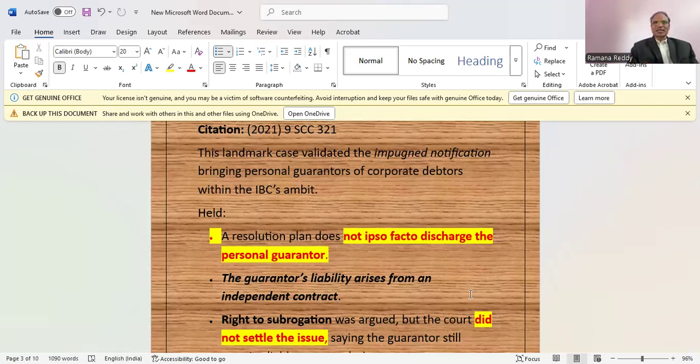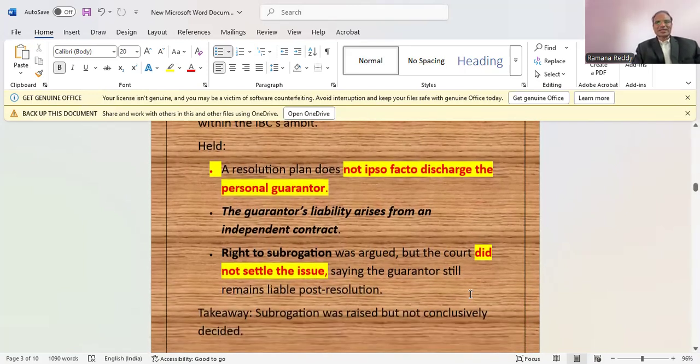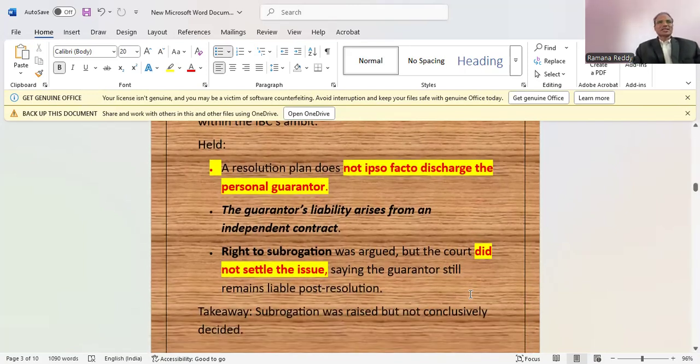The guarantor's liability arises from an independent contract. The right to subrogation was argued, but the court did not settle the issue, saying the guarantor still remains liable post-resolution. So the takeaway here is that subrogation was raised but not conclusively decided.